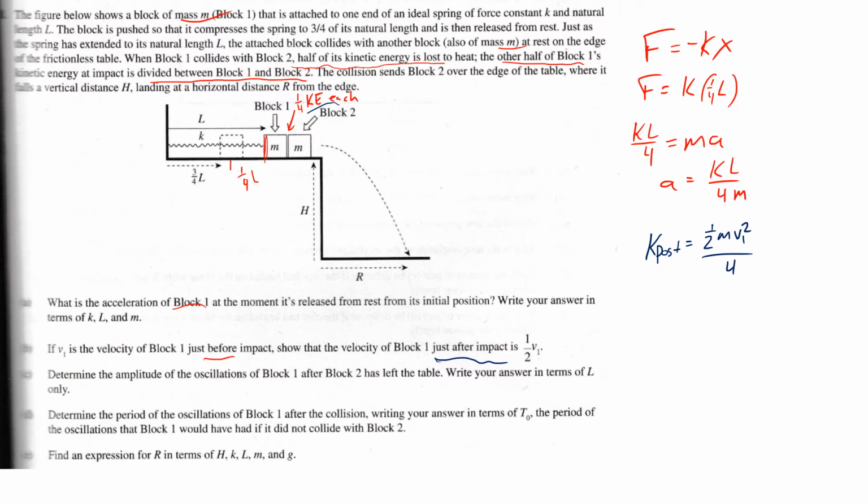So your post KE is going to equal 1/2 mv squared, which is 1/2 m v1 squared over 4. So we just have to solve for v. Whoops, I forgot the over 4.